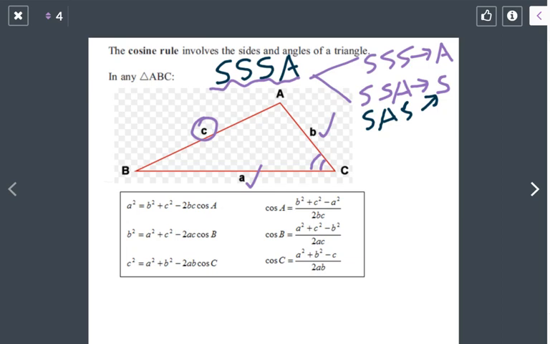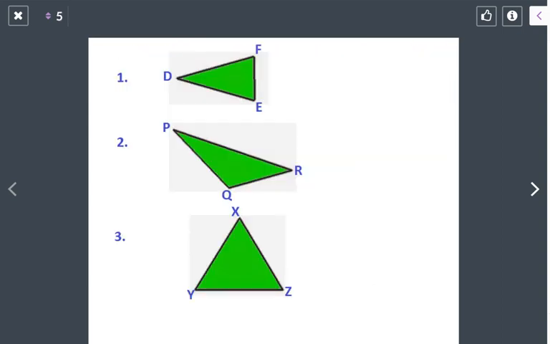So from this pattern, you could see that when you're looking for the side, normally it's a SAS pattern. That means you are given two sides and also the included angle. Just use that pattern. Let's do number 1. First of all, we label, this is E, here's F, then this is D now.